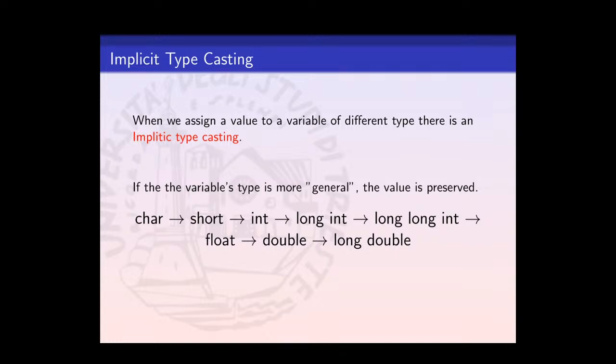Whenever you try to assign an expression of a certain data type to a variable whose data type is meant to represent a wider set of values, then you have what is called implicit typecasting.